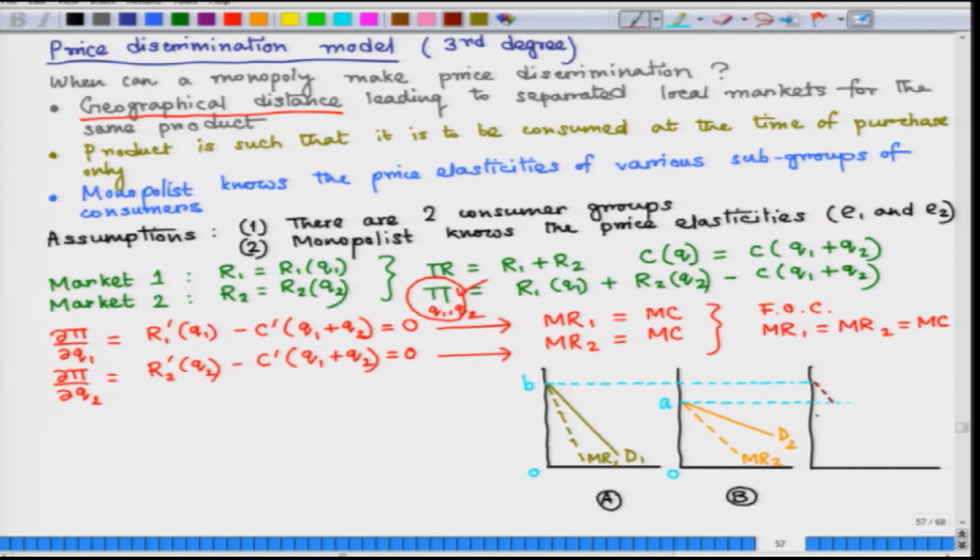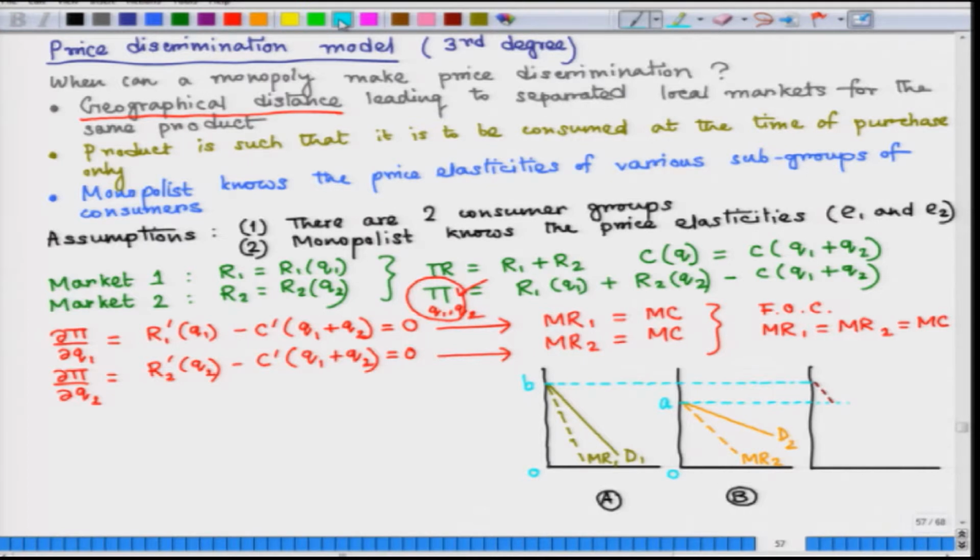Same slope I have drawn that. Now, what will happen if there is a price which is between O and A? If the price is less than OA, then there is demand from both the markets, right.